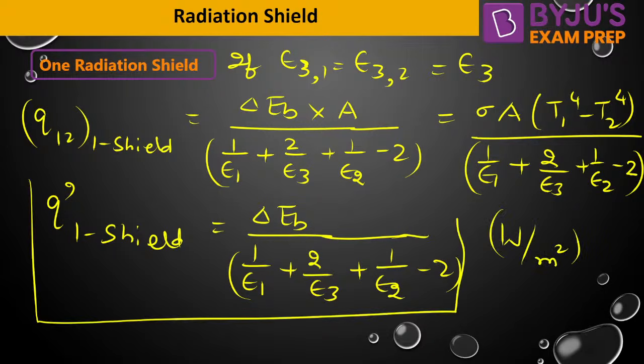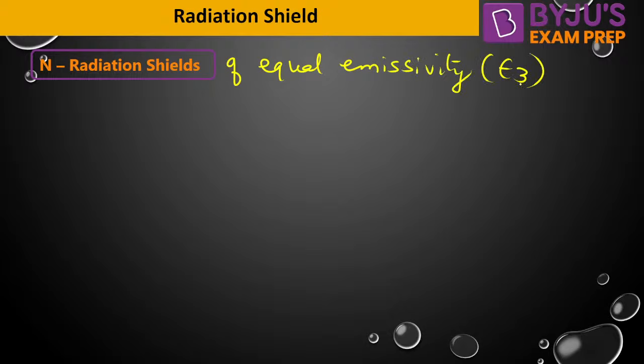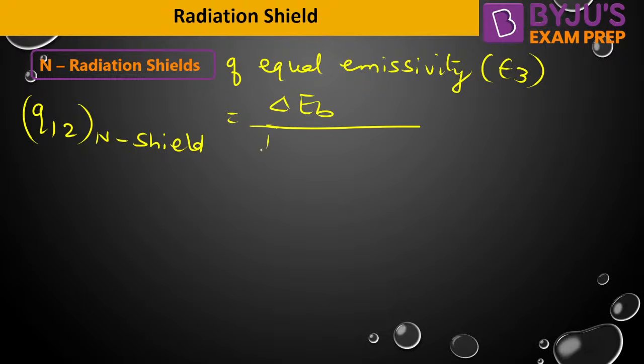And if we generalize this expression for n radiation shields of equal emissivity, that is epsilon 3, then our expression for Q12 with n shields will become delta EB upon 1 upon epsilon 1 plus 2n by epsilon 3 plus 1 upon epsilon 2 minus n plus 1.